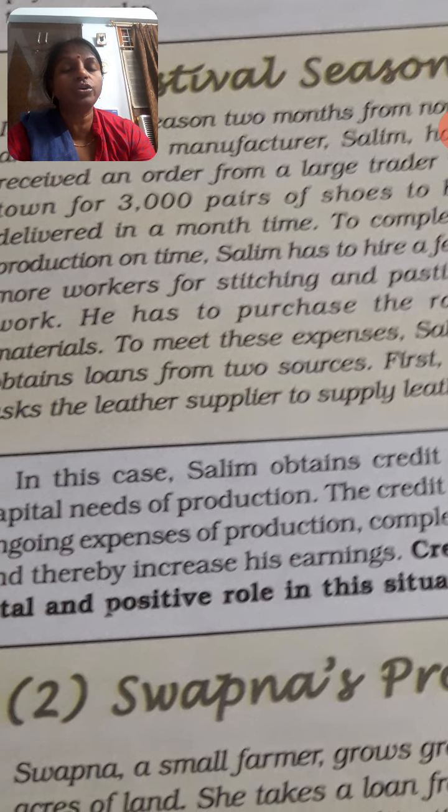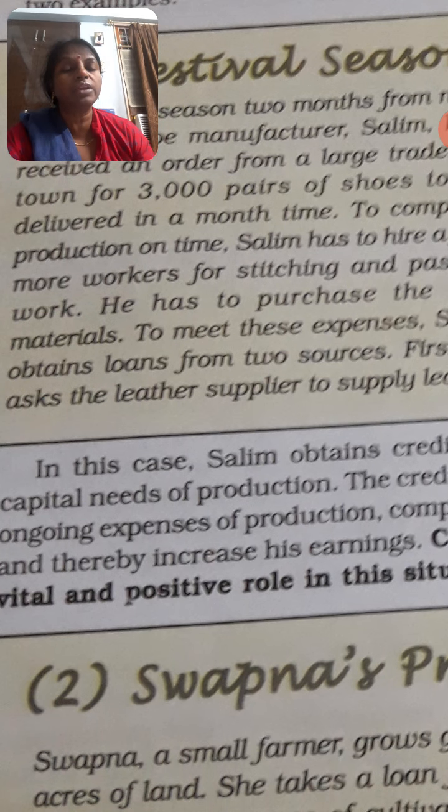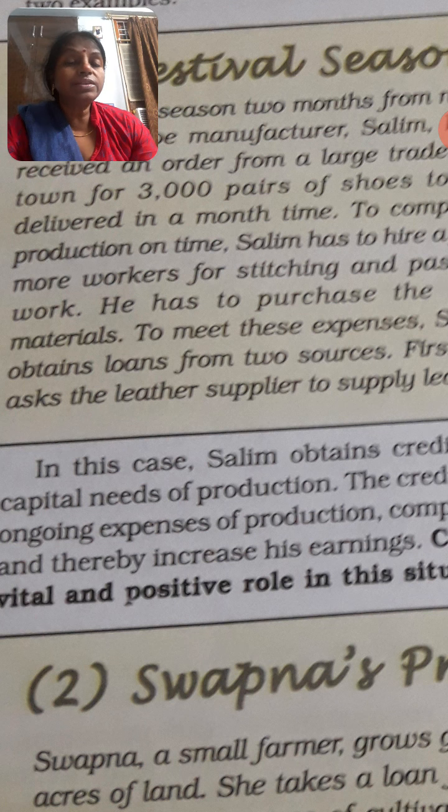He hires a few more workers, and he also has to purchase the raw material to deliver 3,000 pairs of shoes after 1 month.